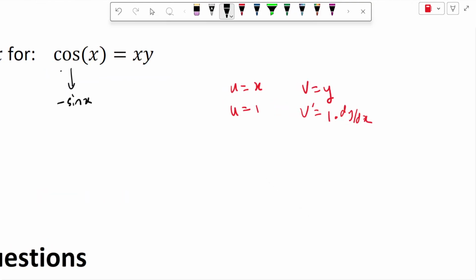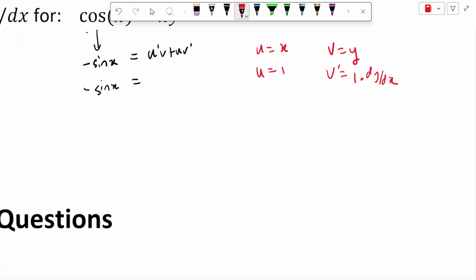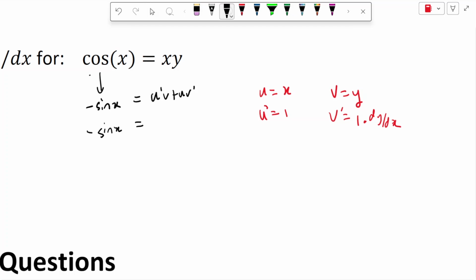Okay. So this is going to be, I just write out u dash v plus uv dash. So minus sine of x is, yeah, that should be u dash there. So this is 1 with y. And then we're going to get x with dy dx.